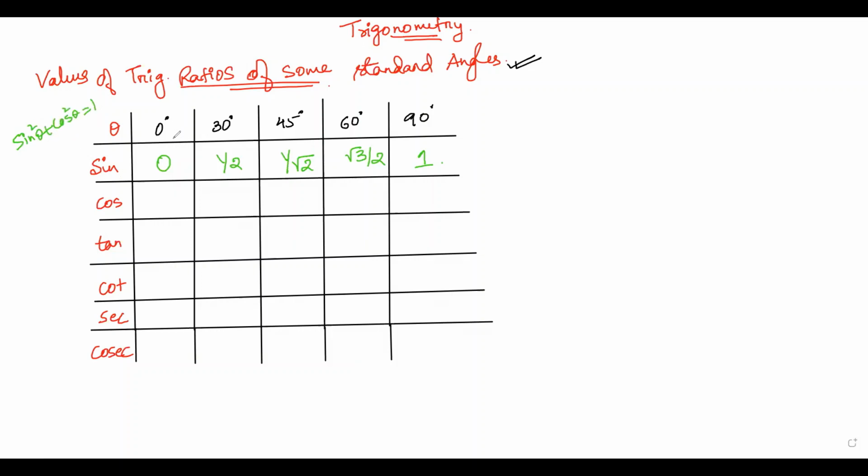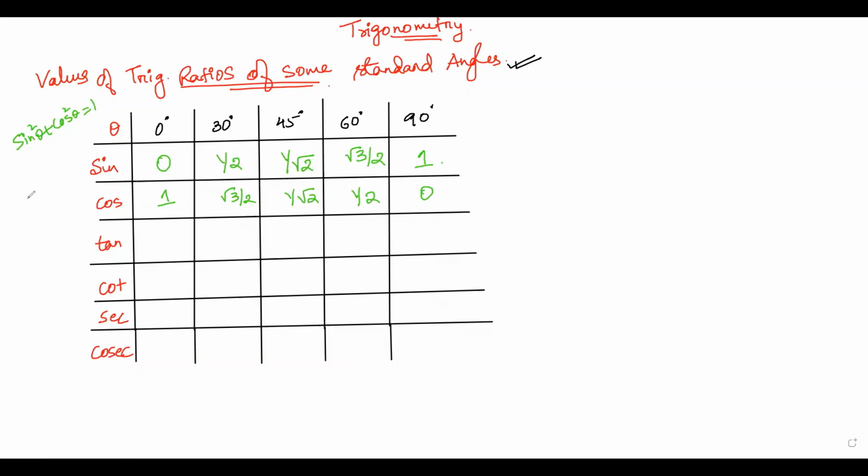So if sin 0 is 0, cos 0 would be 1. In a similar way, if sin 30 is 1 by 2, cos 30 would be root 3 by 2. In a similar way, cos 45 will also be 1 by root 2, cos 60 would be 1 by 2, and cos 90 would be 0.